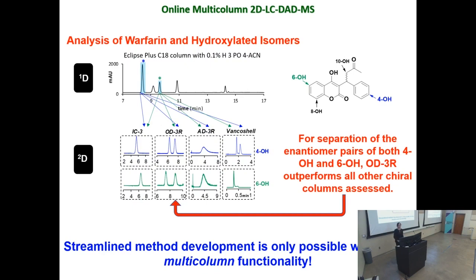You can see the first dimension with hard cutting of the peak we are interested in, and the screening on the second dimension. For example, the chiral column can get a baseline separation for the 2 enantiomers of each compound. So this method is only possible with the online multi-column functionalities.